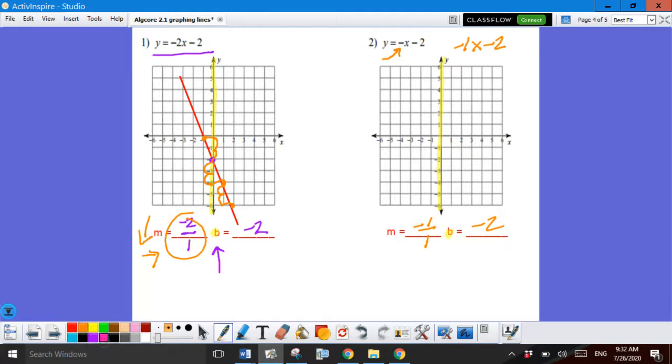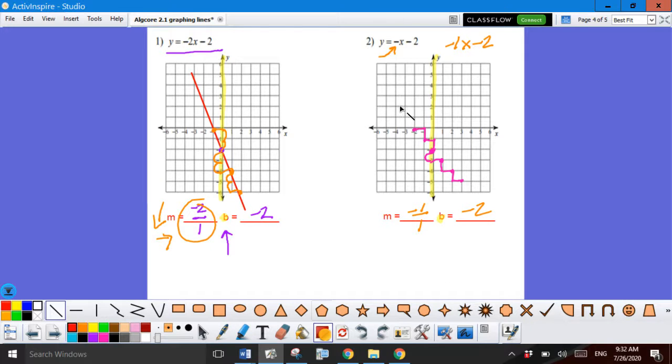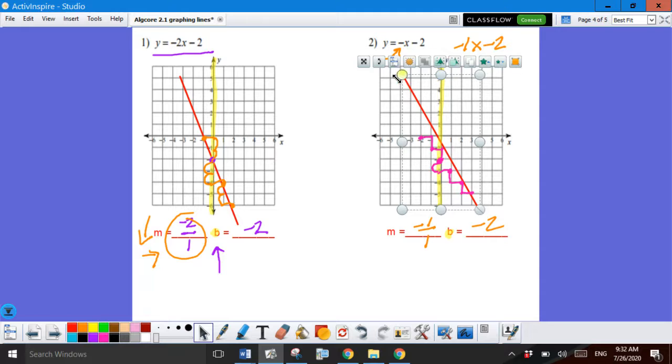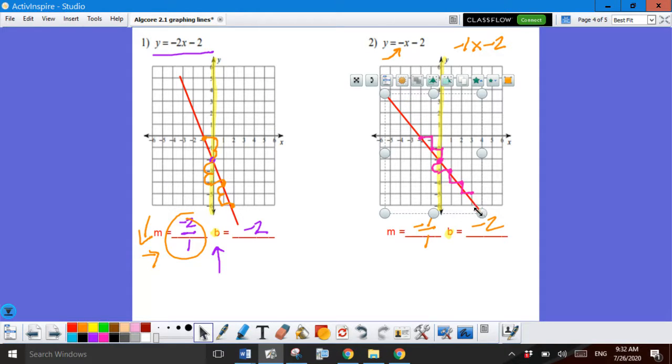So I'm starting at -2, and I'm going to go down 1, right 1, down 1, right 1, down 1, right 1, or up 1, left 1, up 1, left 1. And I've got another negative slope that's running through those points. Okay?